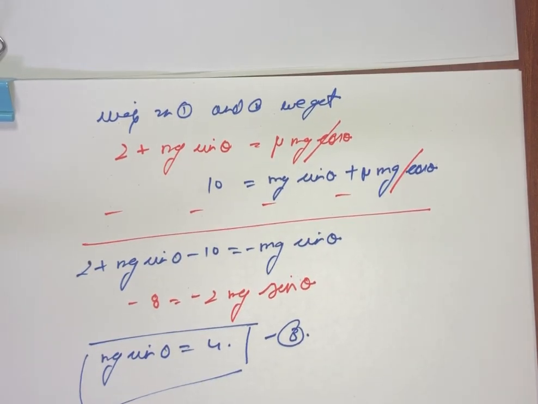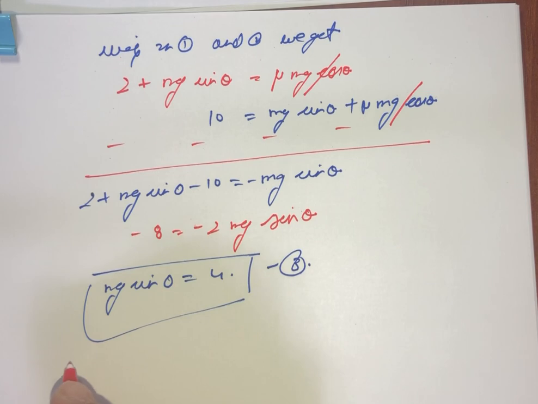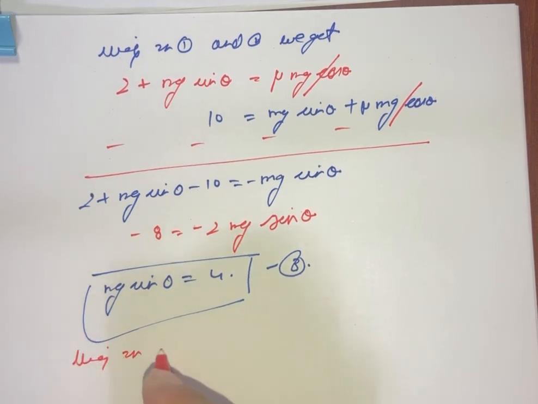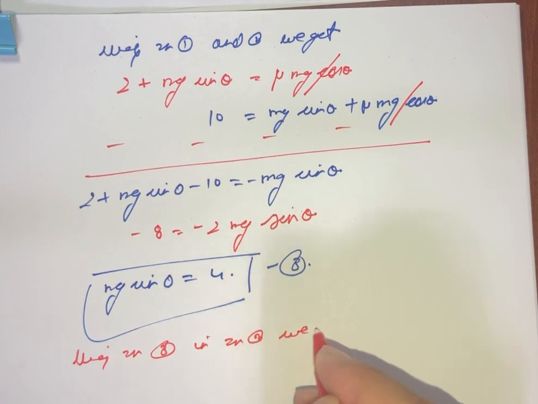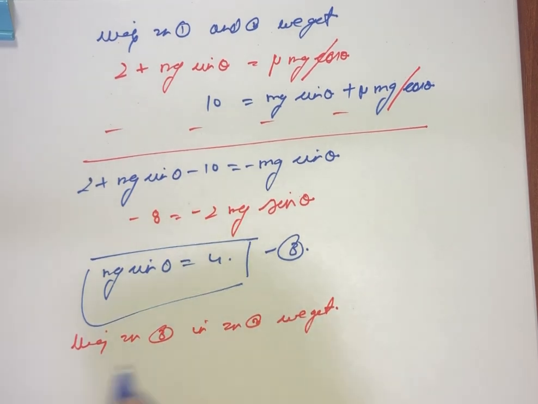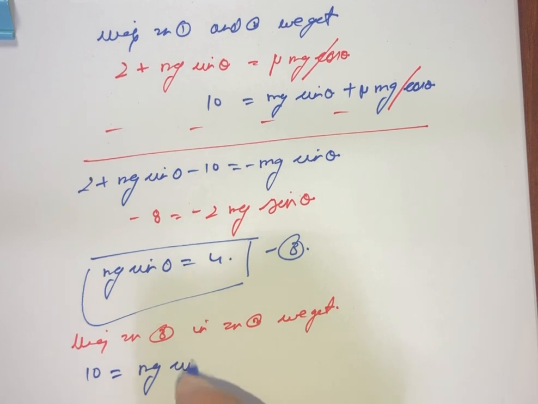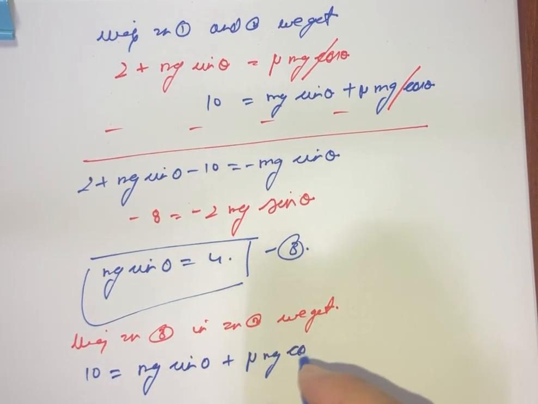Now we are going to use this equation and substitute in equation 2. The equation 2 was 10 is equal to mg sin theta plus mu mg cos theta.